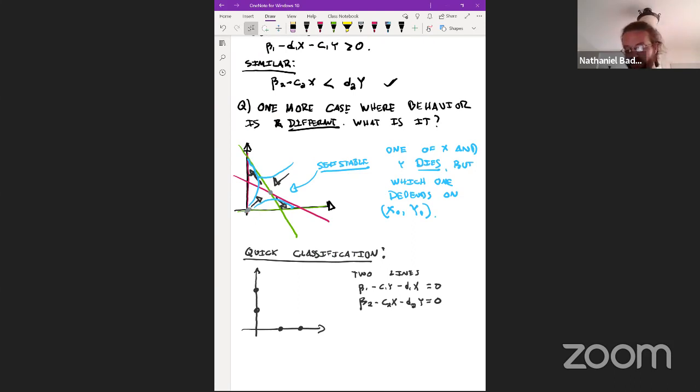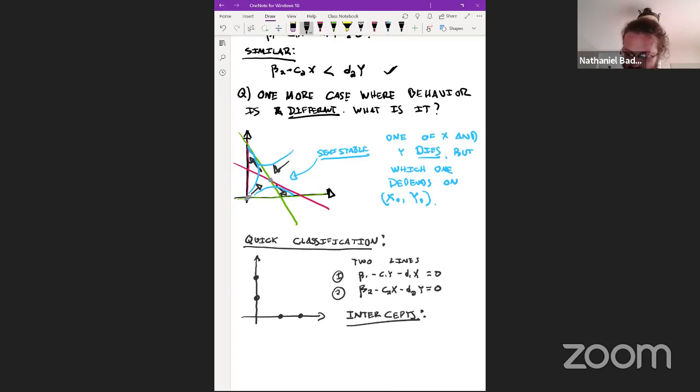What do we want to do? So the intercepts, we're going to call this lines 1 and 2.